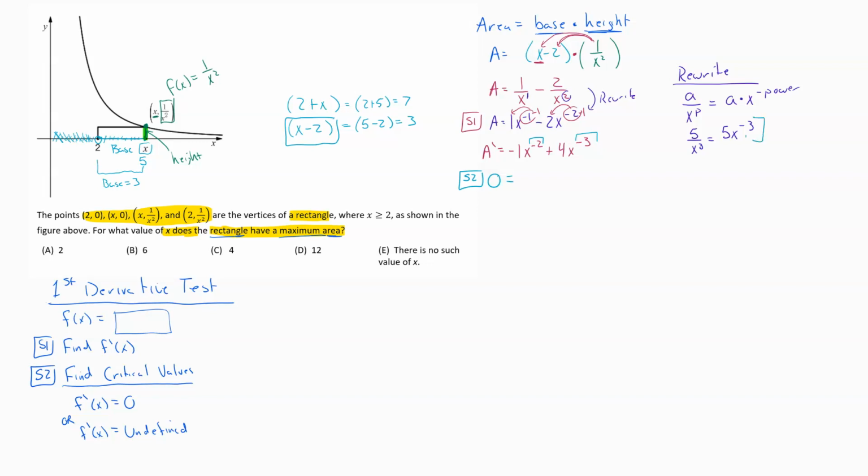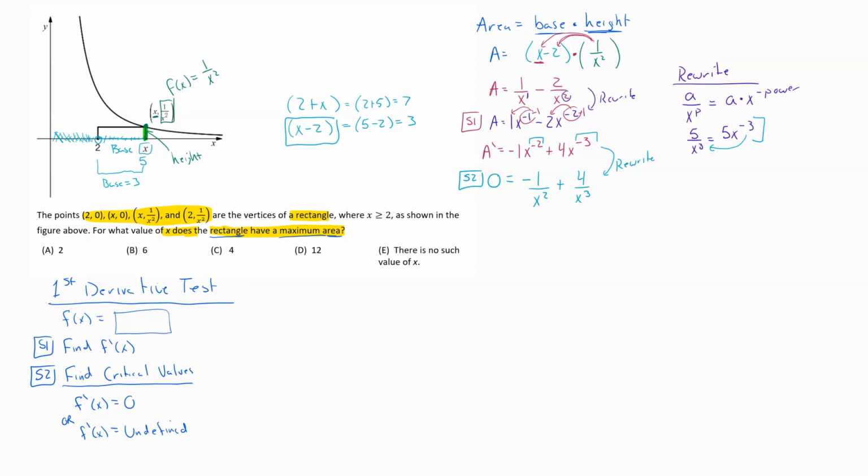We're going to take that negative power and push our x back down to the bottom. So on this first one, I get negative 1, I put that x back down to the bottom, and that's going to get me x squared. Plus, I have the 4 still on top, and then pushing that x to the negative 3 back down to the bottom, I get 4 over x to the third. So again, that's just a rewrite as we come through here.